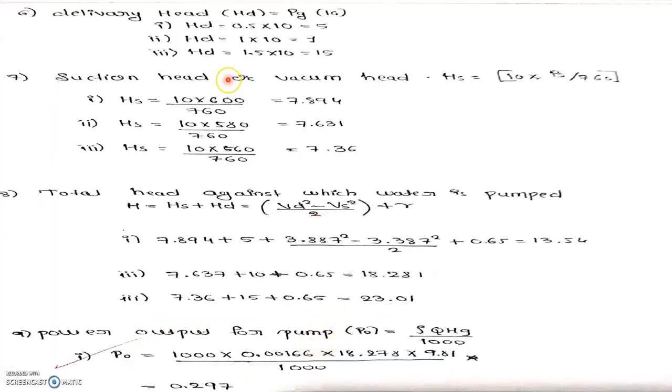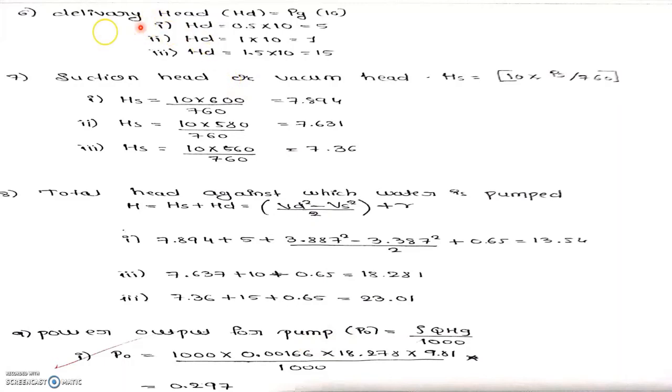Now you are finding the delivery pipe area, and from that you find Vd, the velocity of water in the delivery pipe, using Q actual by AD. The same thing is done here itself.